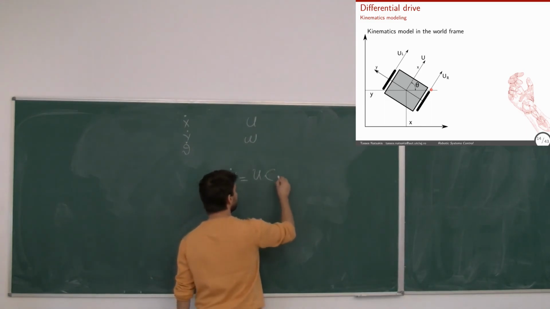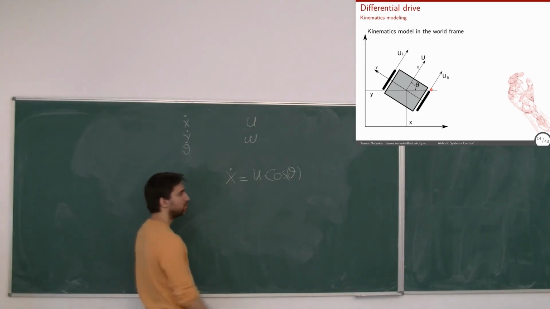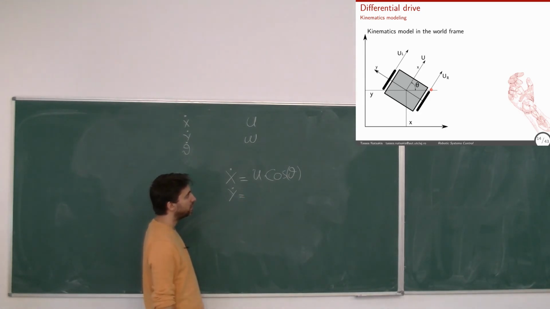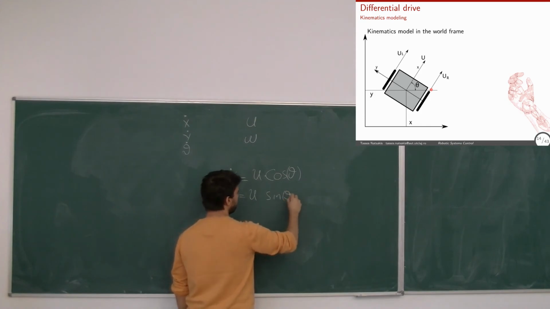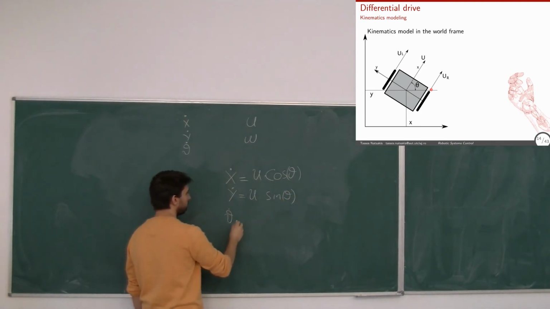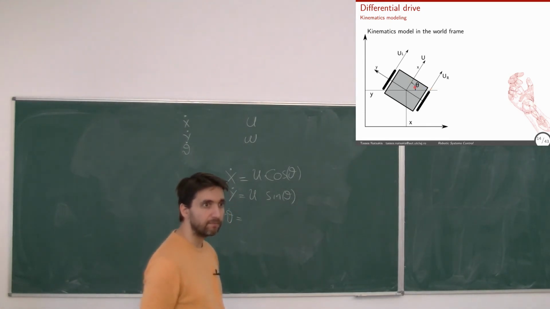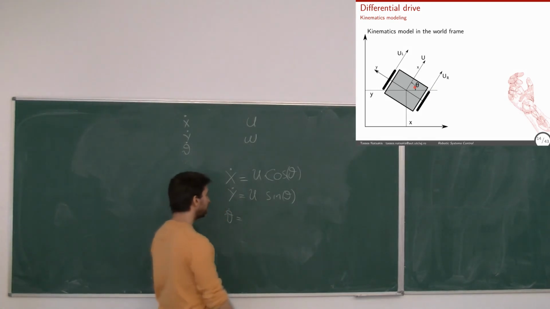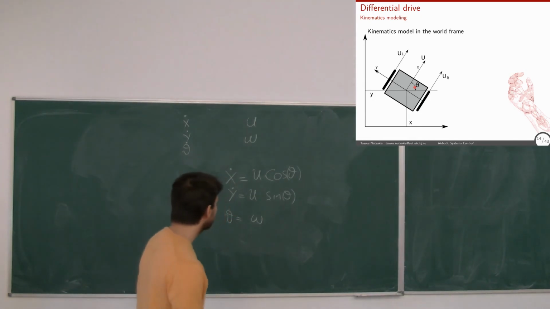And that would be u times cosine theta. y dot would be u times sine theta, and theta dot. So how fast is this angle changing? It's the angular velocity. It's exactly the same thing. Right? Good.